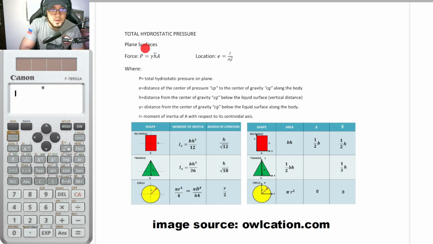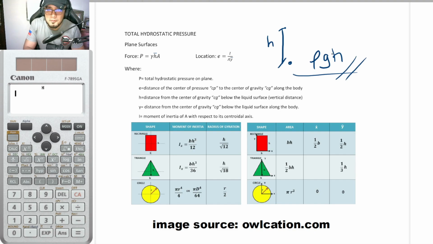Memorizing this formula is very similar to the formula that I discussed in the previous video lecture, because given a certain depth of liquid, if you want to know the pressure at this particular point, just multiply the unit weight times the gravity times h, or basically rho gh.